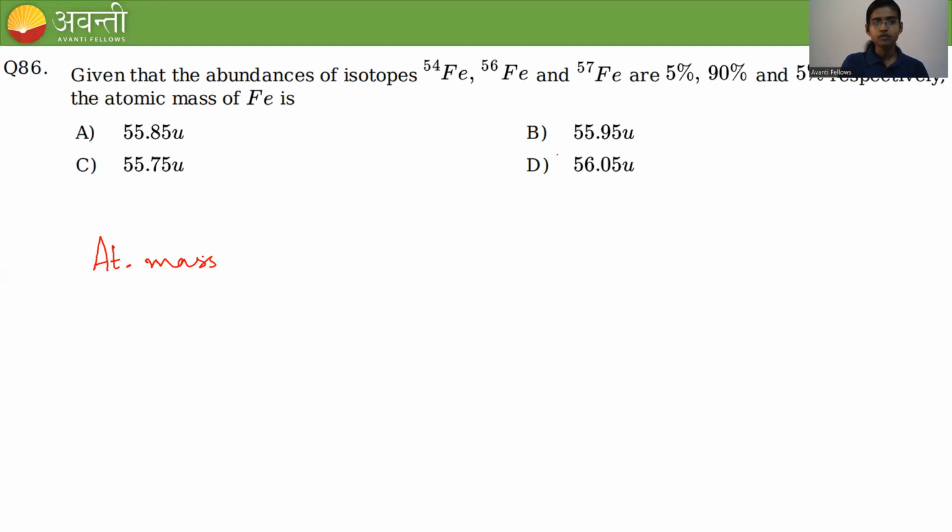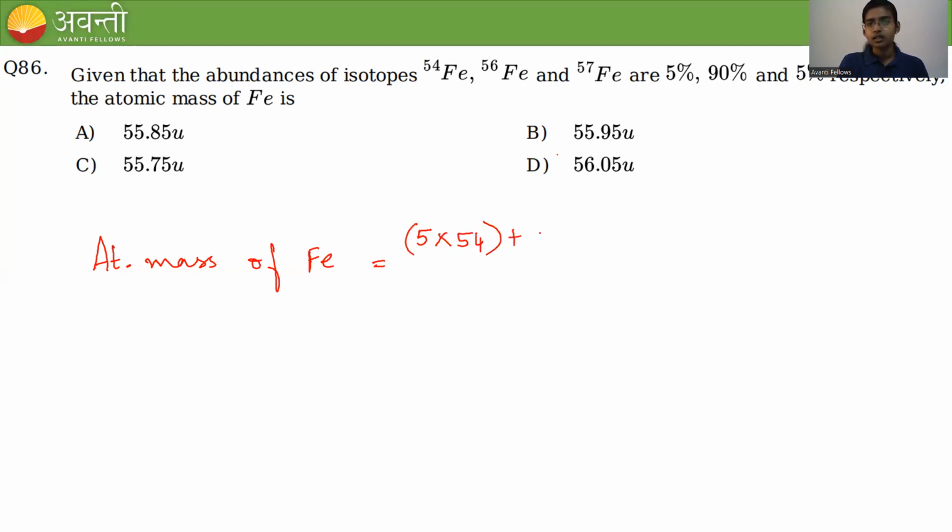Atomic mass of iron is equal to, we have to take the average of all these 3, right? How to take the average? The percentage of each thing into the atomic mass, divided by 100. So what is the percentage of the first species? It is 5, and 5 has to be multiplied by the atomic mass, which is 54.